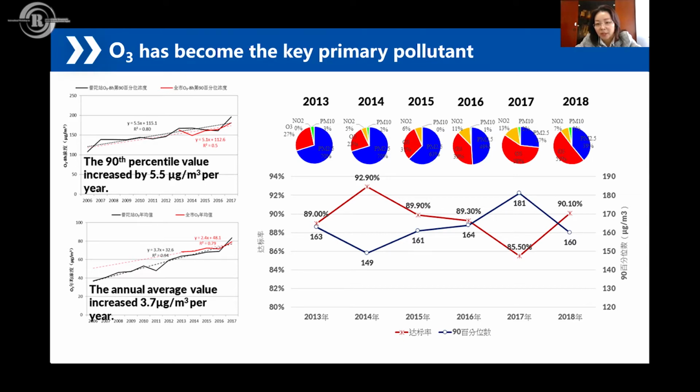Right now, in 2018, 2019, and 2020, the key primary pollutant has become ozone, which means ozone is the most important pollutant affecting the non-attainment percentage of air quality in Shanghai.